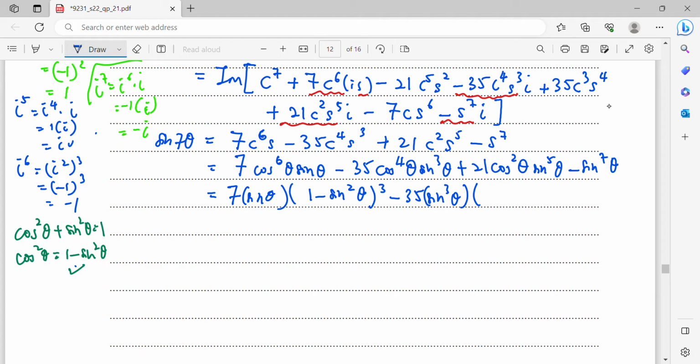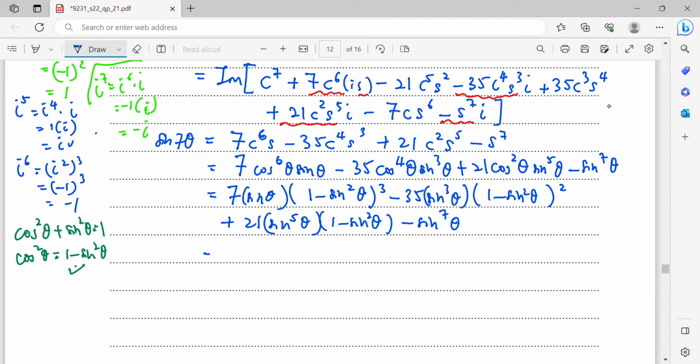Then cos^4 theta is square of cos squared, so the cos squared here will be changed to 1 minus sine squared theta. Okay, then plus 21 sine^5 theta, then multiply by cos squared theta. Cos squared theta is 1 minus sine squared theta. Lastly, we write. So now we have to simplify.